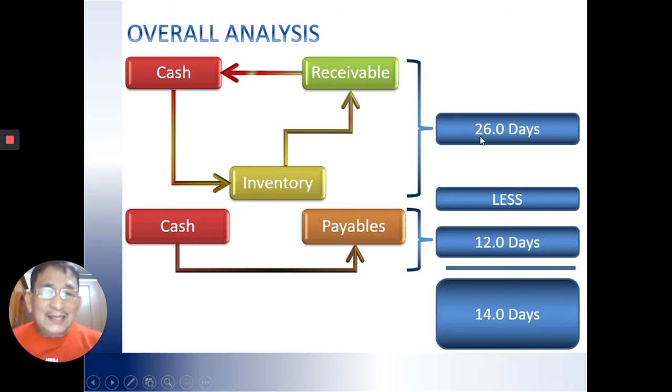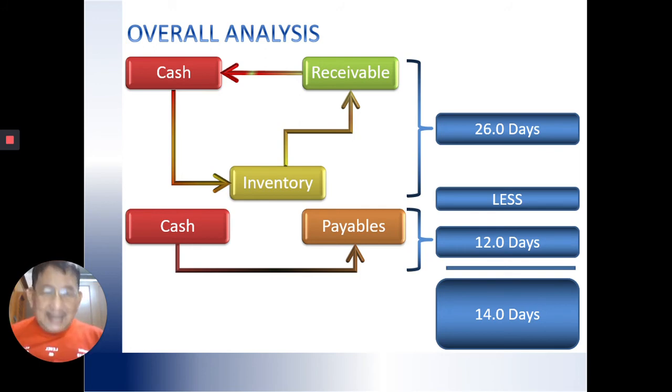Kaya pag wala kang pambayad, anong gagawin mo? Uutang ka. So, malalaman mo din dyan sa cash conversion cycle kung ano ang strategy mong gagawin. Ang tawag doon is management of working capital.